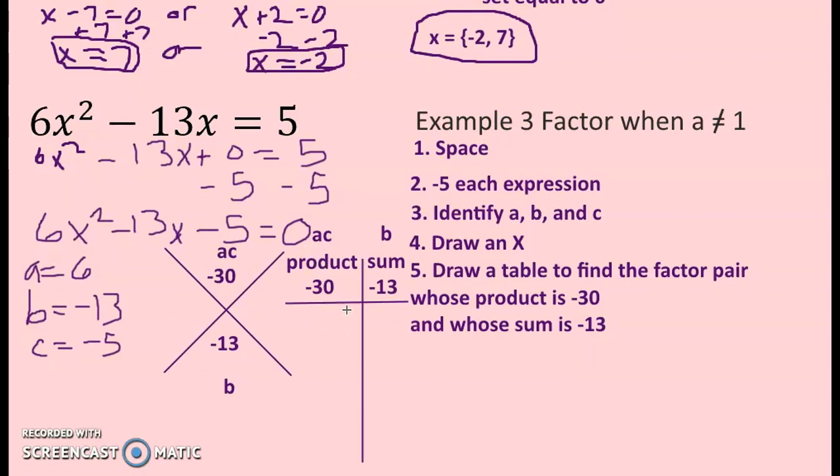So our factors would be 1 and 30, negative 1 and positive 30, 2 and negative 15, 3 and negative 10.